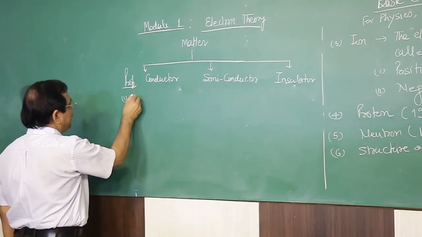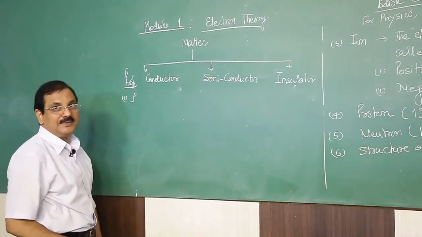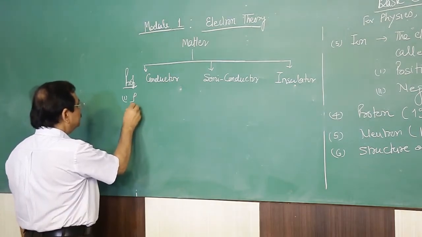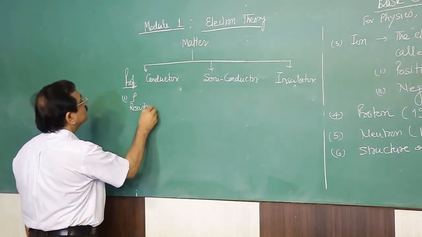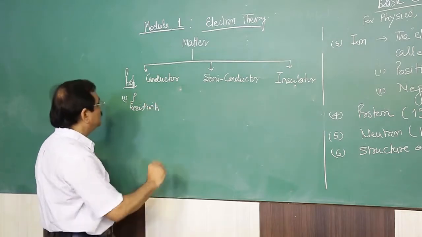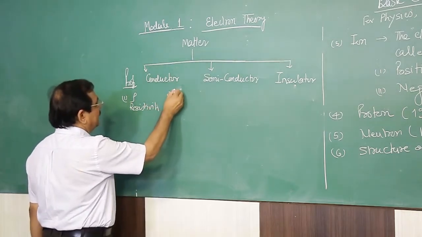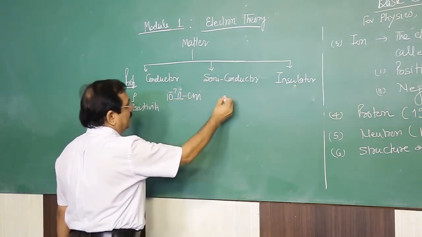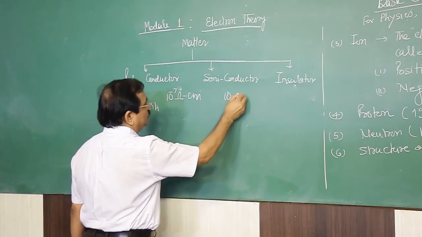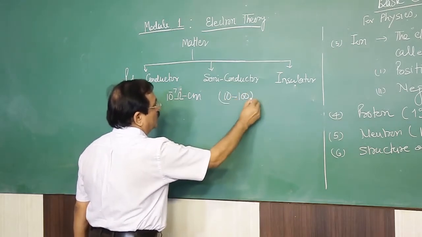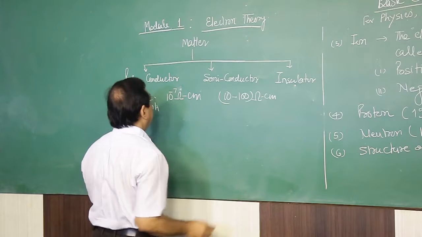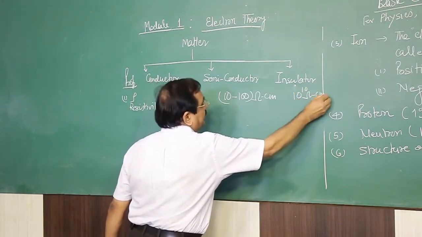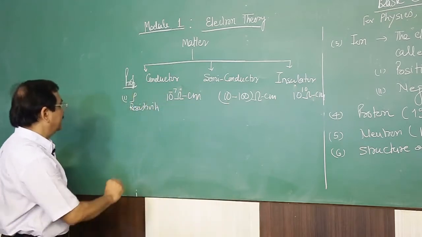The properties that we differentiate on the basis of these are, first, resistivity. For a conductor the resistivity is 10 to the power minus 7 ohm centimeter. Here it is 10 to 100 ohm centimeter, and this one is very high, say 10 to the power 10 ohm centimeter, so highly resistive.